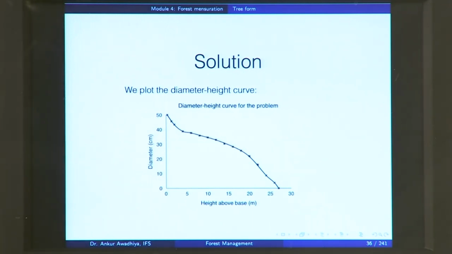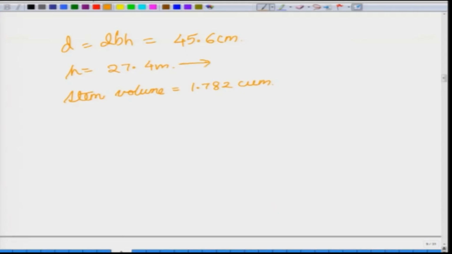Now, in this case the height is 27.4 meters, which will give you that 0.1h is 2.74 meters, and 0.5h is half of this, that is 13.7 meters.